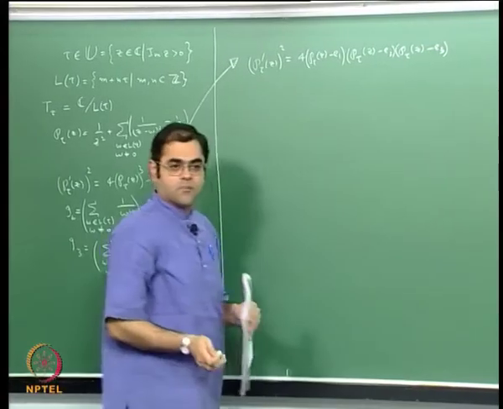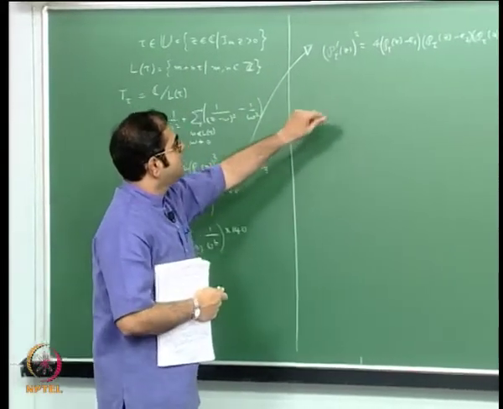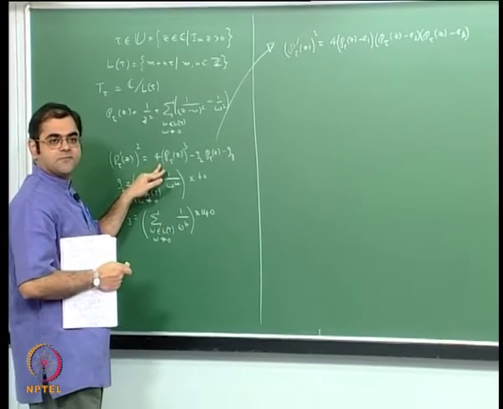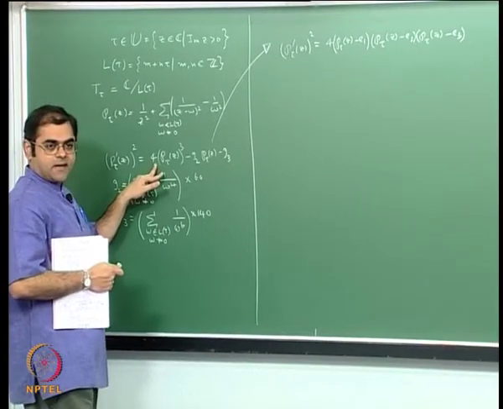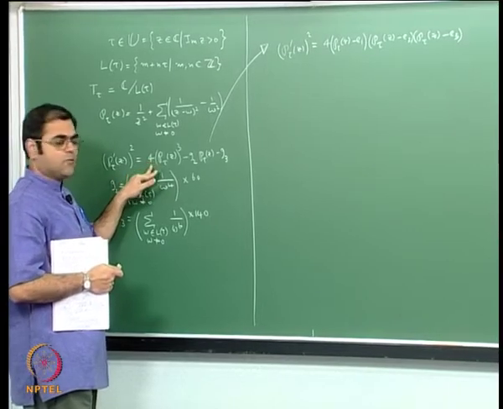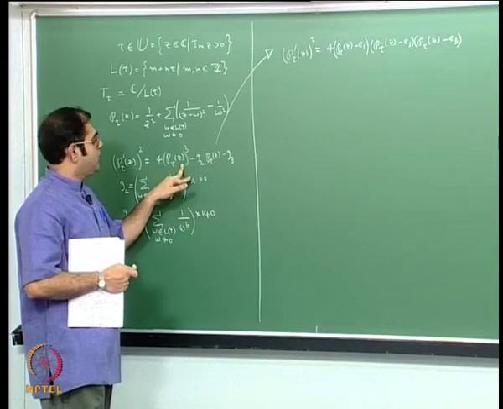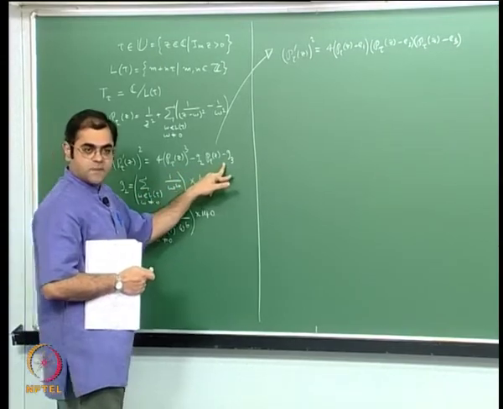Let me write it in this form. In other words, I am thinking of the right side as the polynomial 4x cube minus g2x minus g3.